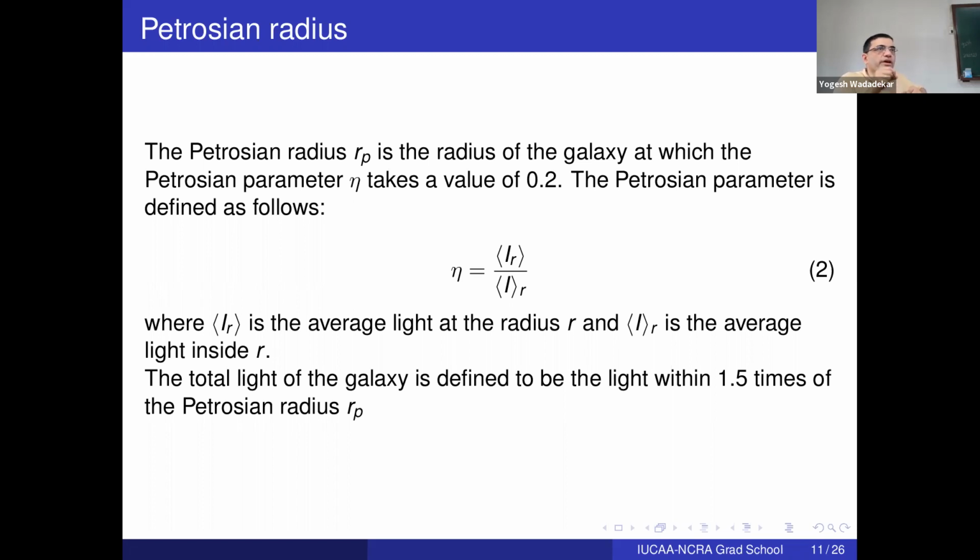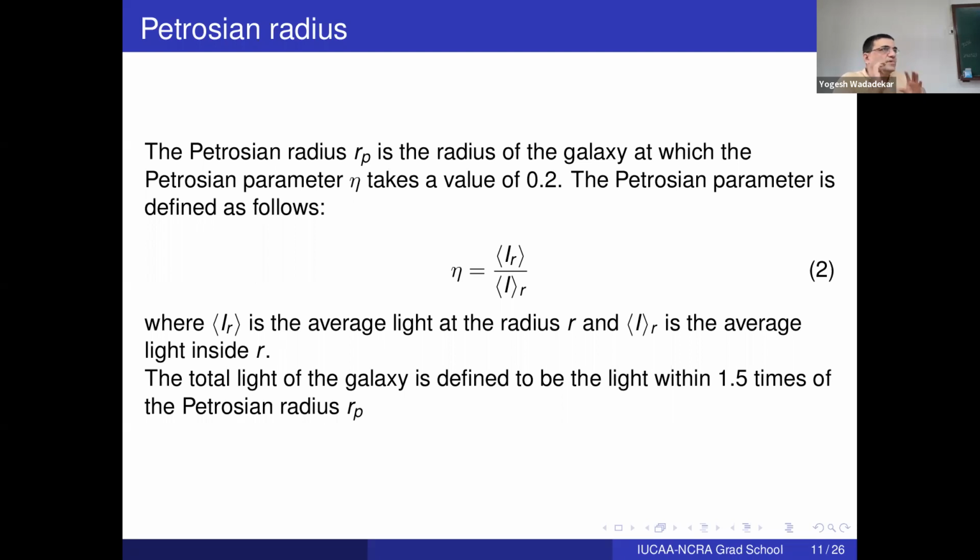So you keep on going outwards and keep measuring the Petrosian parameter. It will change as a function of radius, and eventually you'll reach a state where it crosses 0.2. And then you say, okay, this radius corresponds to the Petrosian radius.